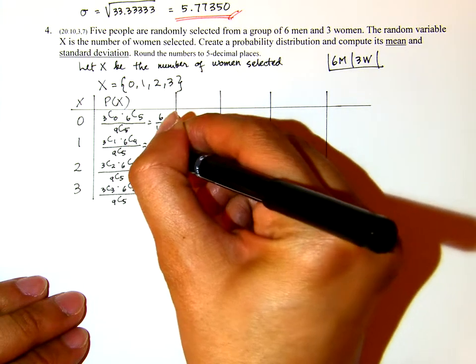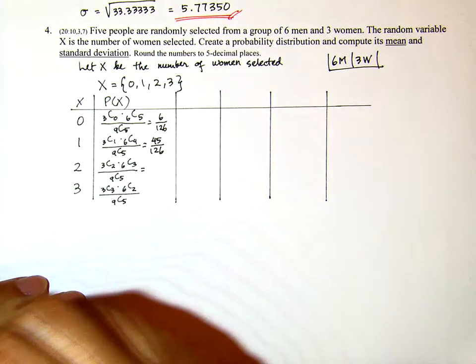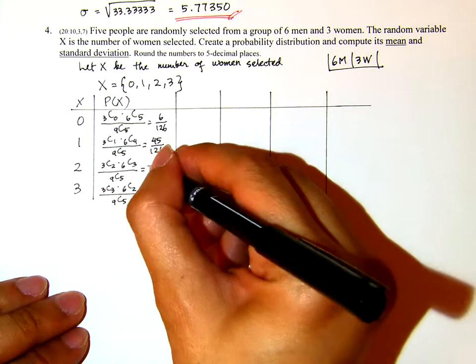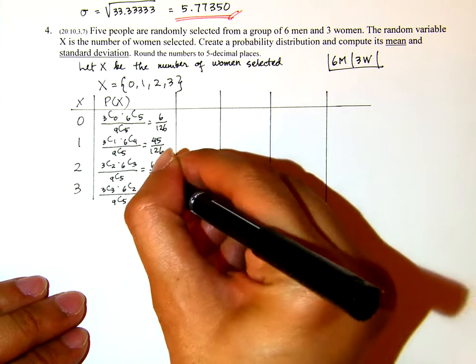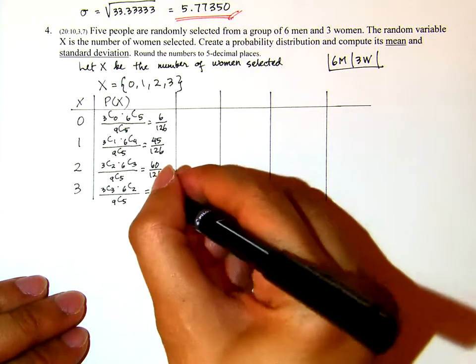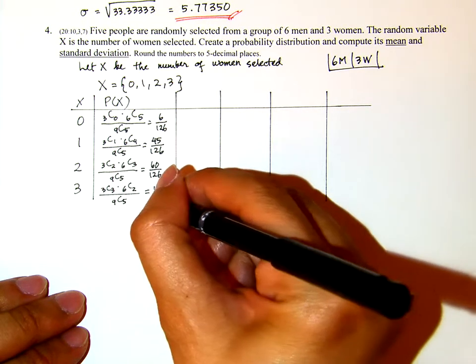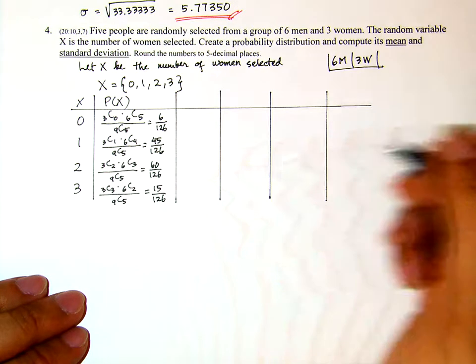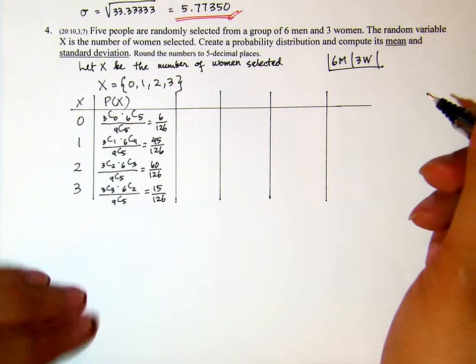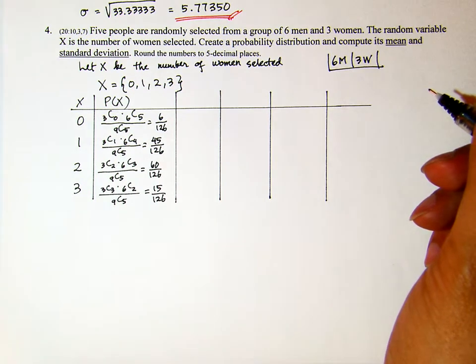But if you want to reduce it, that's okay. If you want to make it decimal, that's also okay. For sake of accuracy, I will not make it into decimal. You know, some people can't really handle fractions, so just use calculator then, but don't do too much rounding. Okay, 5 decimal places. After you compute those, that's what I get, right?